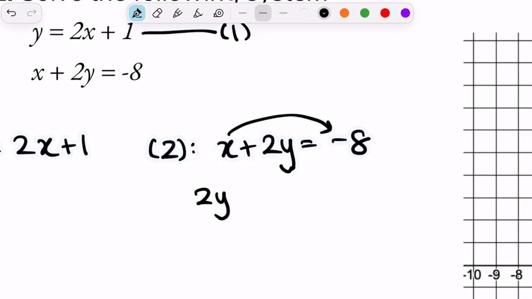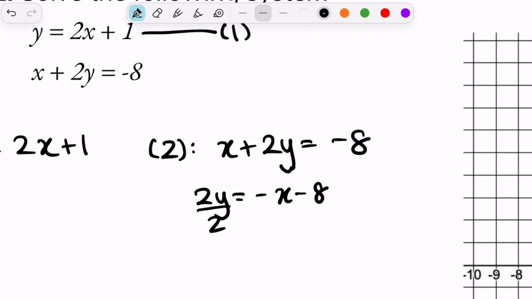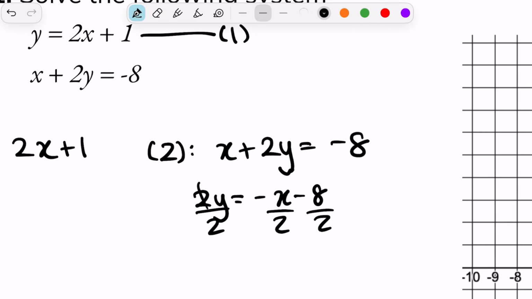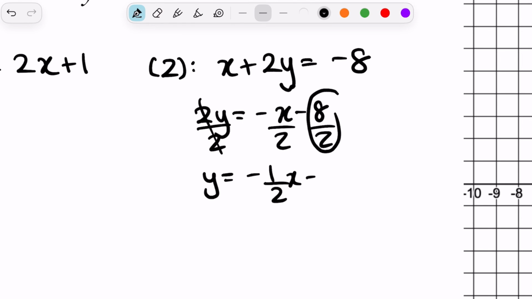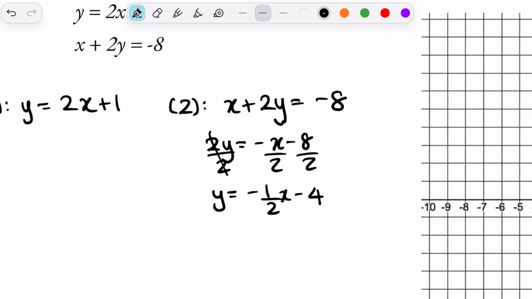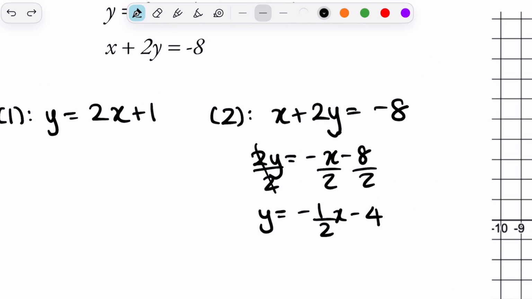So we get 2y is equal to negative x minus 8. And then you want to divide everything by 2 to isolate for y. Divide everything by 2. So then you get y is equal to negative 1/2 x minus 8 divided by 2, which is just 4.